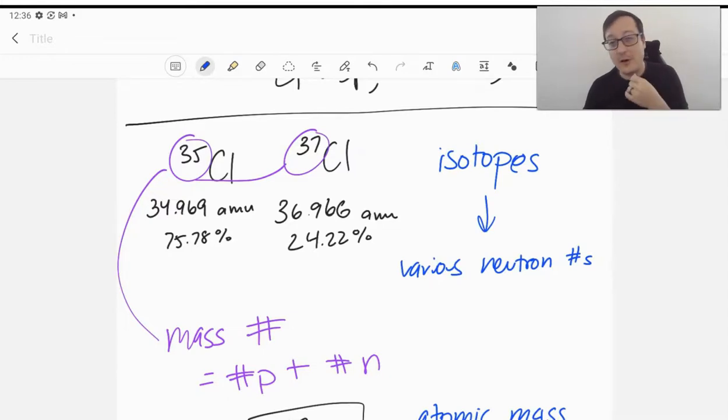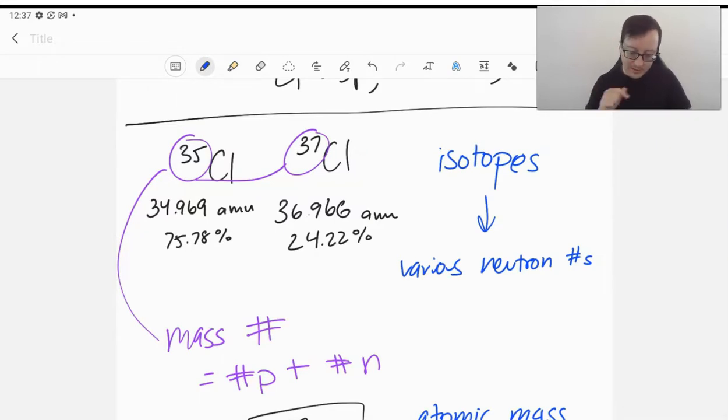For whatever reason, odd numbers of neutrons are less common in stable isotopes. Again, it's not a rule of thumb, it's just a generalization. There are absolutely exceptions, many of them. But generally speaking, usually odd numbers of neutrons are not very common in stable isotopes. But we don't need to worry about that. We don't need to know why some are more stable than others. That's something for next semester when we study nuclear chemistry.